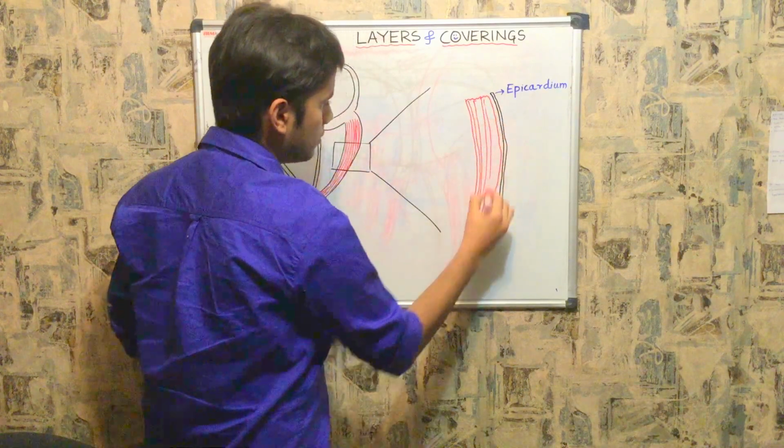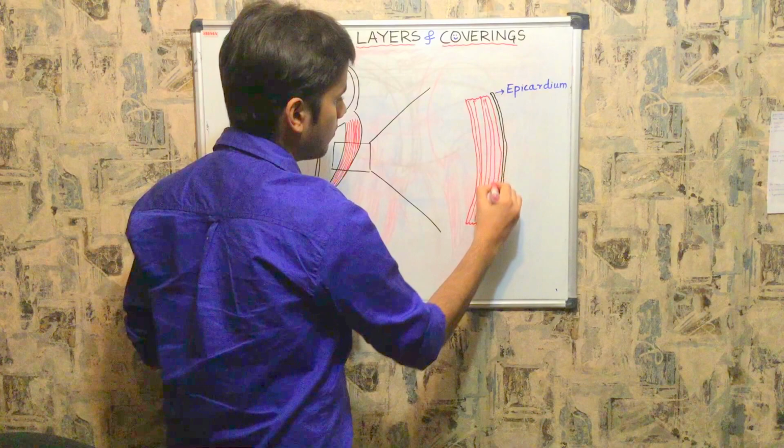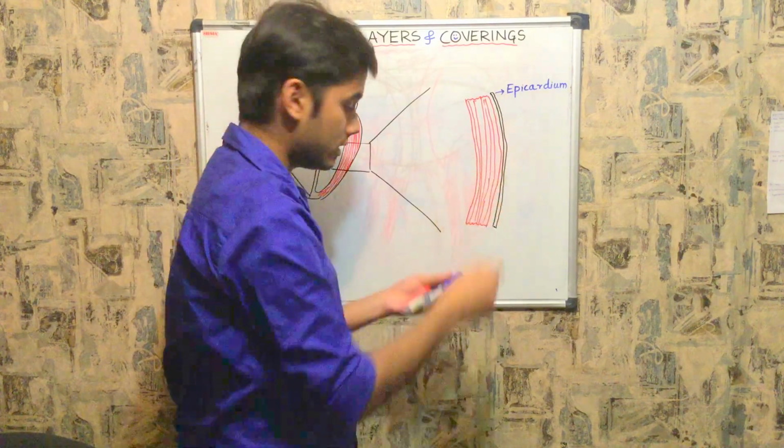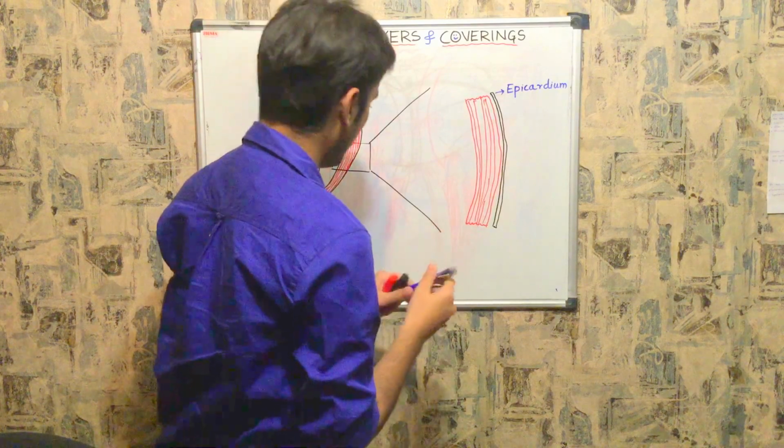And when we move to the histology of this myocardium, when we take out the cell, the cells of the heart are called cardiomyocytes.